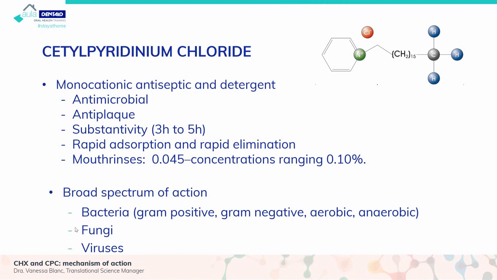The CPC is effective against gram-positive and gram-negative bacteria, some viruses, and fungi, with a similar spectrum to chlorhexidine in in vitro experiments, and is more effective against gram-positives. It has been recognized by the FDA Plaque Subcommittee as safe and effective for the treatment of plaque-induced gingivitis when formulated in mouth rinses in concentrations ranging from 0.05% to 0.1%.